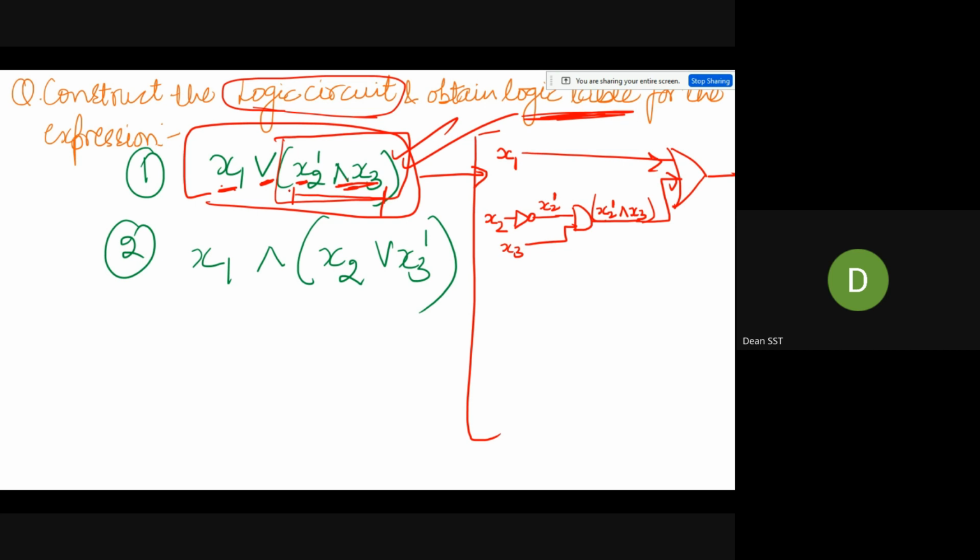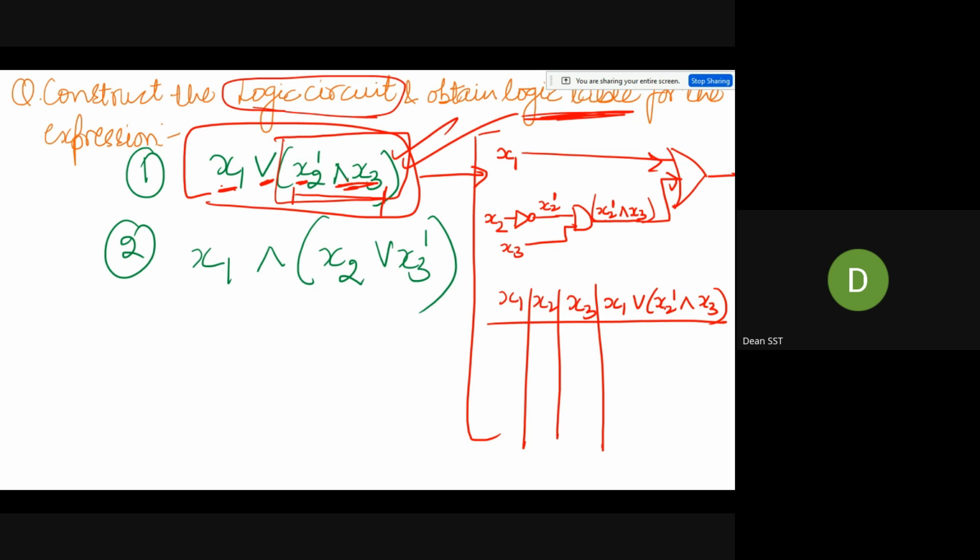How many variables are there? Three variables: X1, X2, and X3. And you have to find X1 or X2 bar and X3.